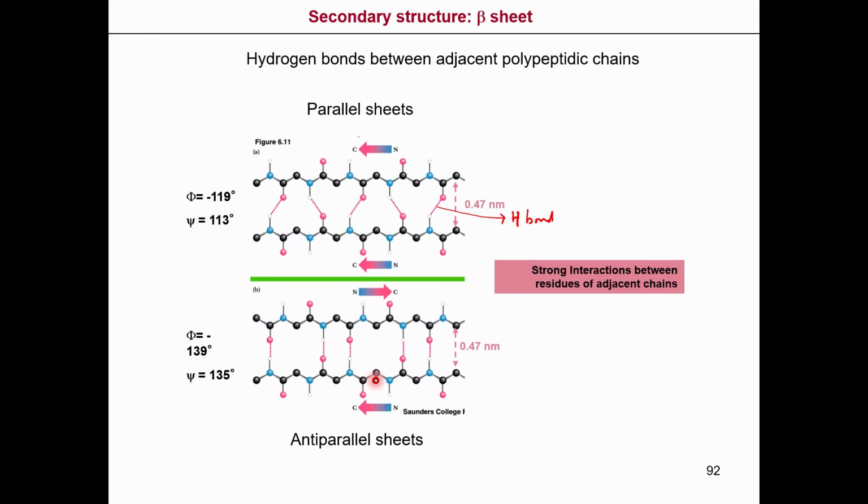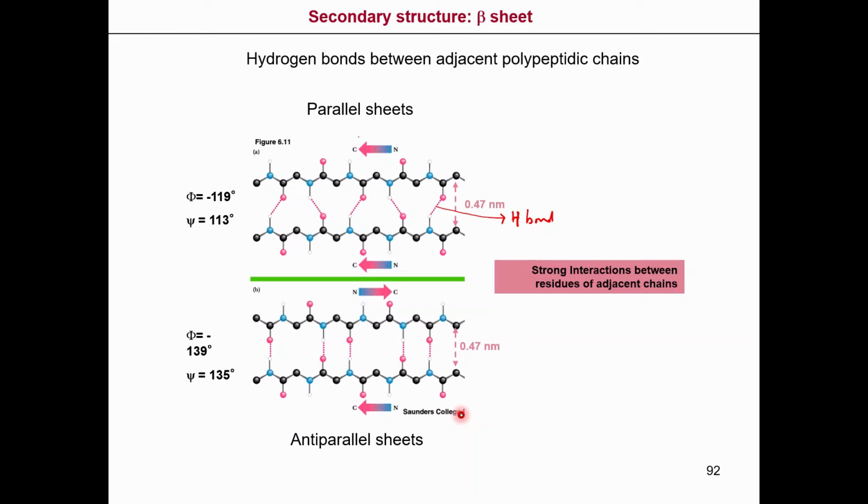Yes, correct. When I discussed hydrogen bonds, I told you that the hydrogen bond is stronger when the 4 atoms involved in the hydrogen bond are in the same line. Okay? Here you have the nitrogen, hydrogen, oxygen, and the carbon, in the same line. So it means that the hydrogen bond is stronger. Okay, so this anti-parallel sheet has stronger interaction.